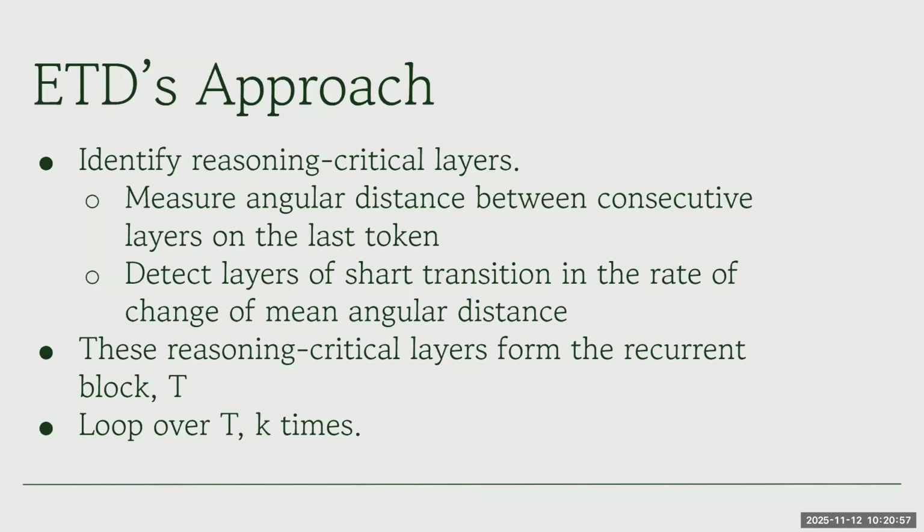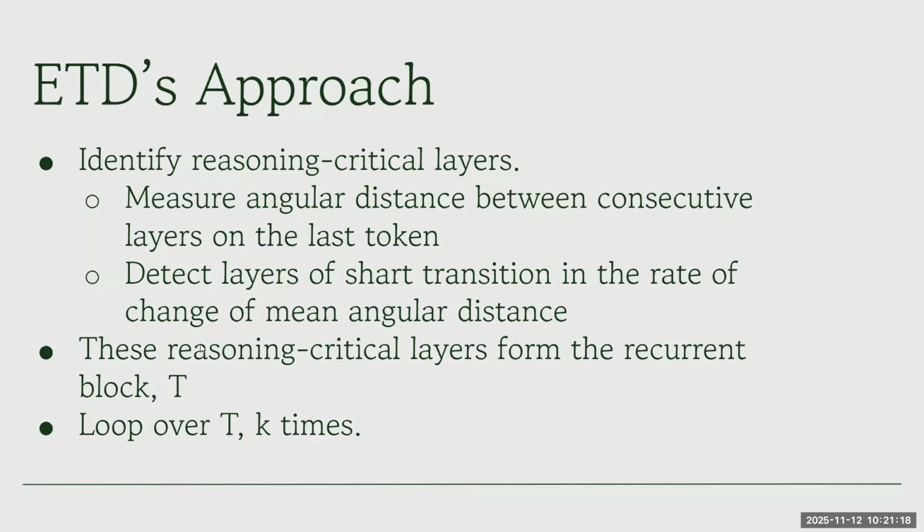So assume for simplicity a batch of one, you have sequence length by dimension. You take the last token in your context in the sequence length. Then you take this vector for this token in layer L, then layer L plus one, then you measure the angular distance between them.